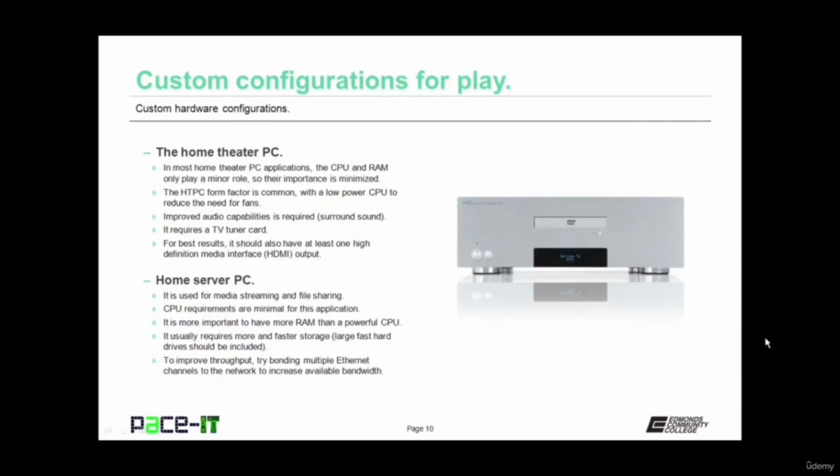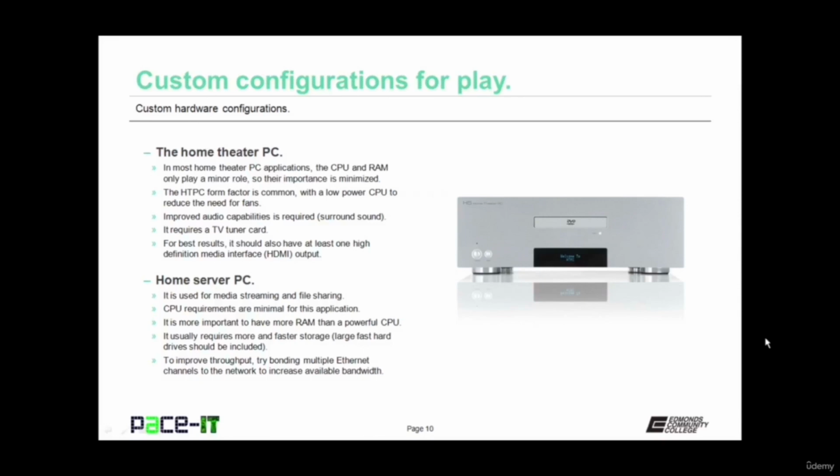Now let's talk about the home theater PC. In most home theater PC applications, the CPU and RAM only play a minor role, so their importance is minimized. This allows you to use a smaller form factor like an HTPC or an ITX-based system, which allows you to use a low-powered CPU, and you might not even need to install fans, which is often a requirement of the home theater PC.